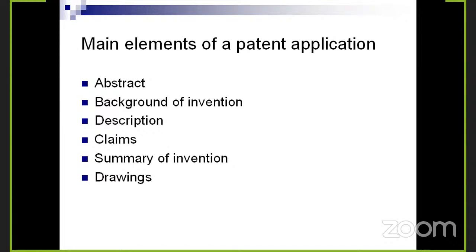It can be a maximum of, I would say, 100 words, not more than that. So it is very brief. Okay, thank you. It will not talk much about the invention. It will just discuss the area, that this is about a pharmaceutical composition for treating such and such things, something of that sort.